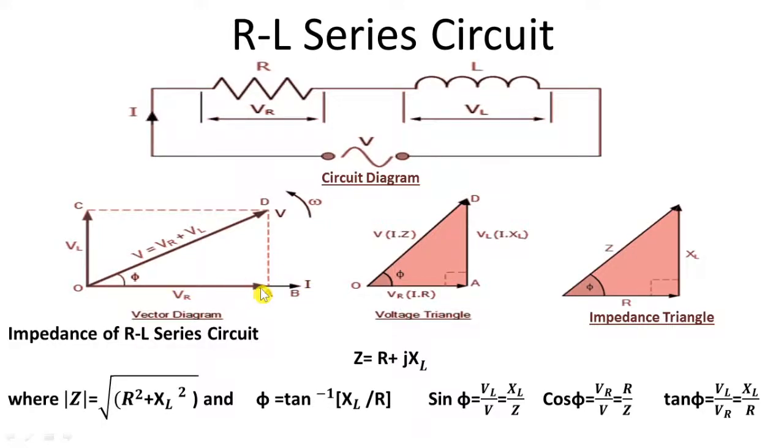VR is also on this axis because the voltage across the resistor and the current through it are in phase.